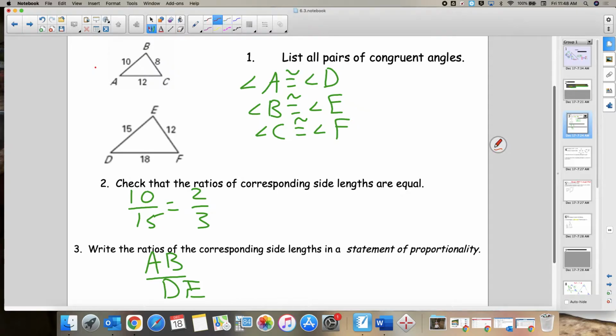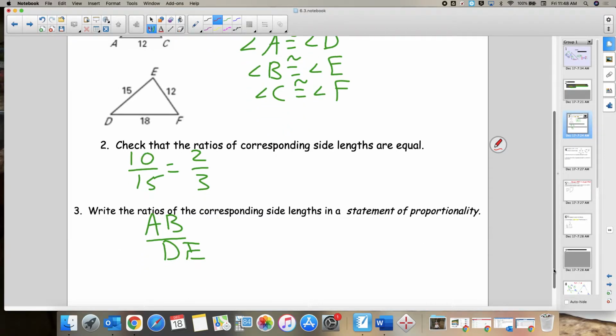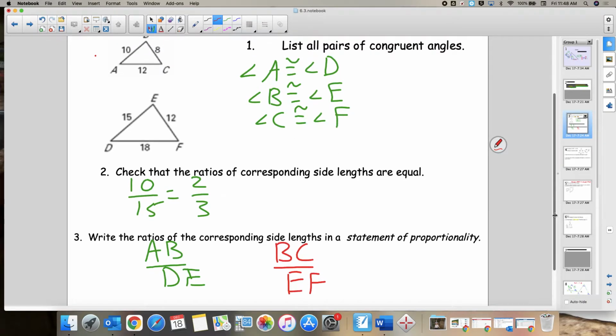If I look at the next set, we are going to look at BC compared to EF. BC was 8, EF was 12.